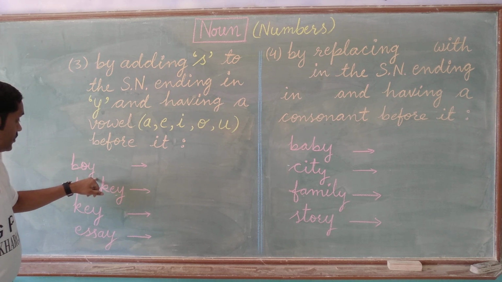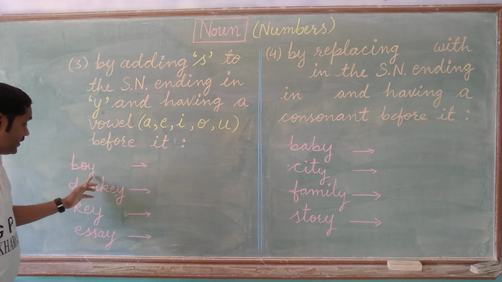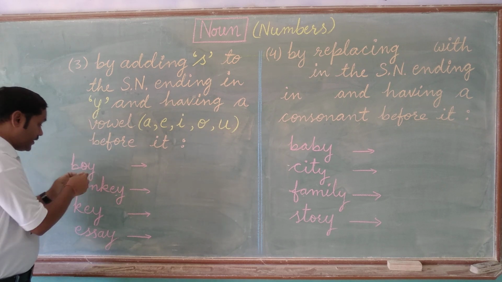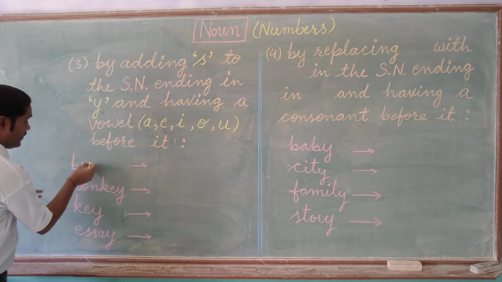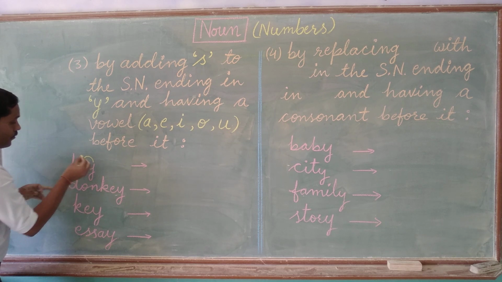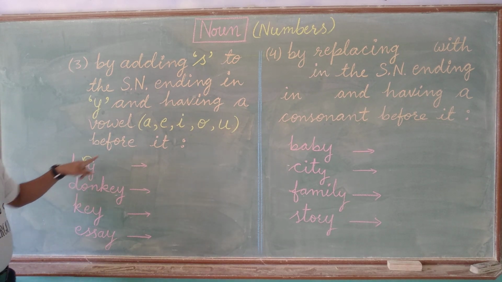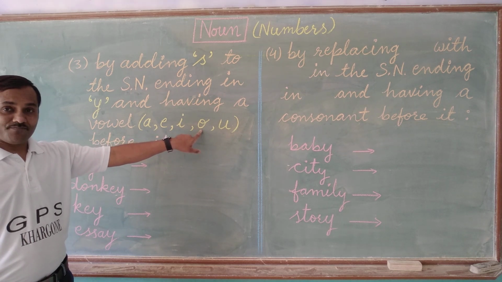B-O-Y. This spelling is ending with Y. But just before Y, we have one letter O, which is a vowel.